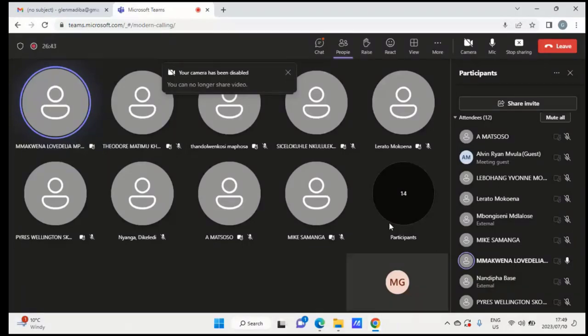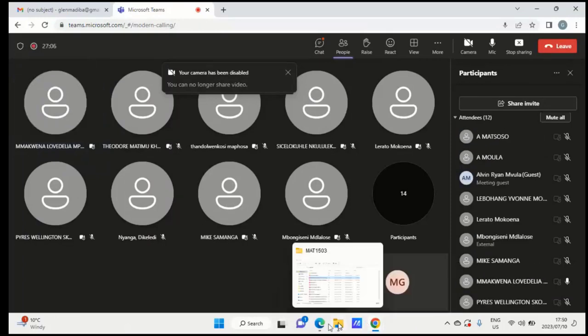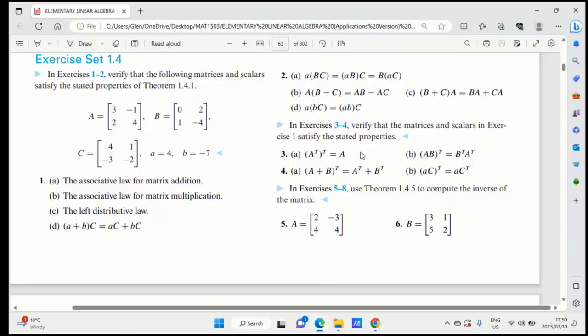Magwena, what are you saying? I saw where I went wrong according to theorem 1.4.5. So I mixed the signs. Are you sure that you missed the sign? 100.